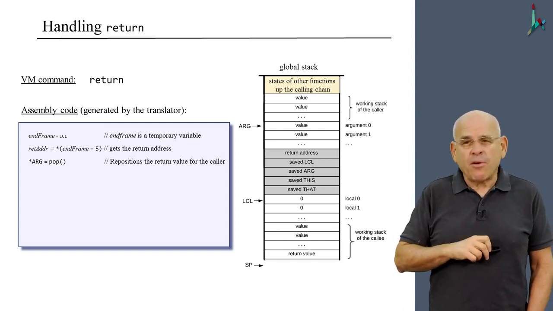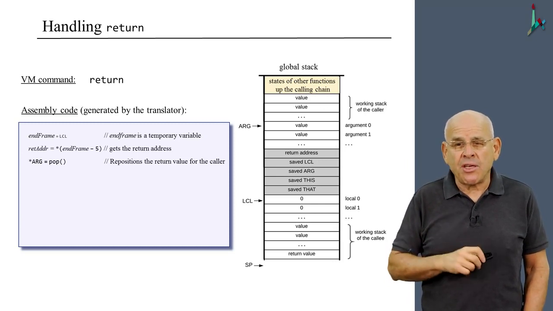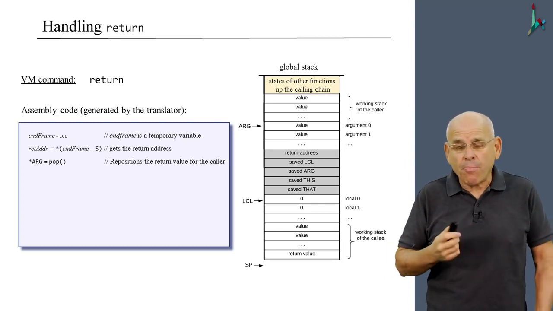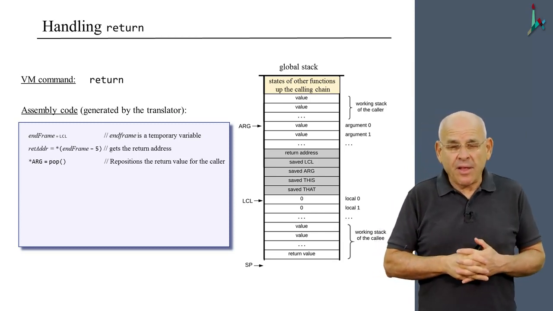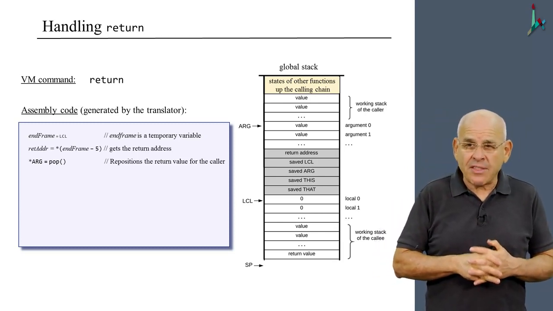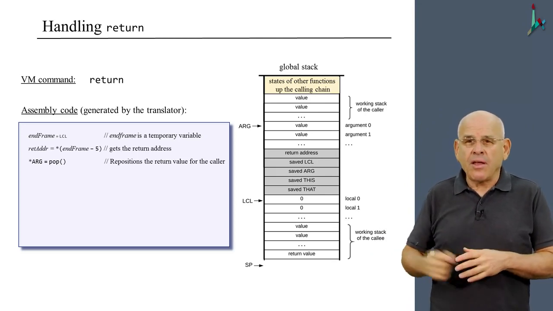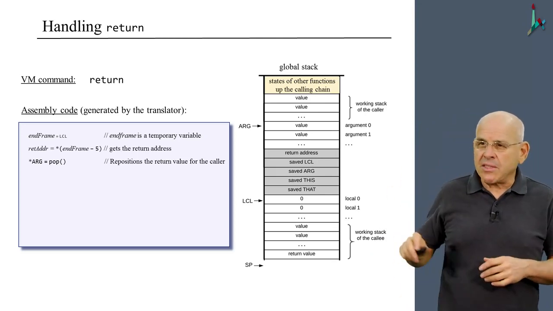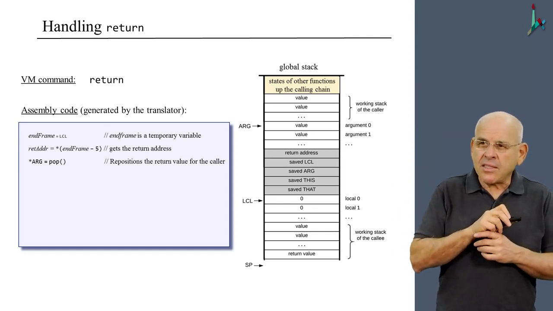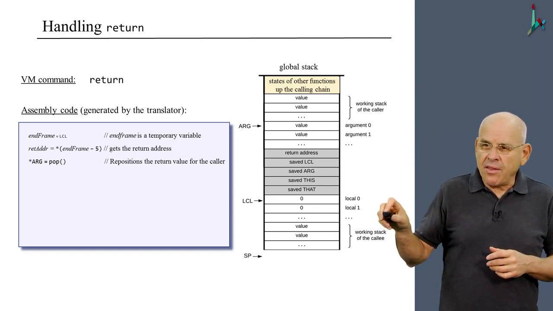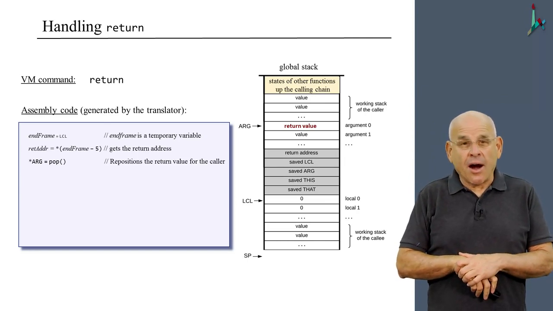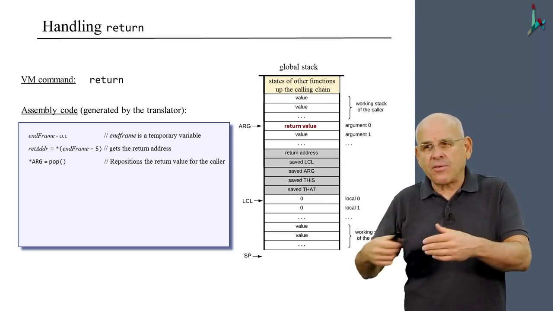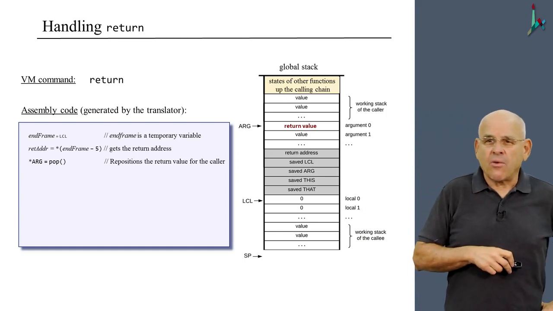So I have to perform the pseudo command arg equals pop, because the pop is going to retrieve the return value off the stack, and then I take this value and I put it in arg. So the result, look at the stack diagram, the result is going to be this. I popped the return value and I copied it onto arg, or to the address that arg refers to.